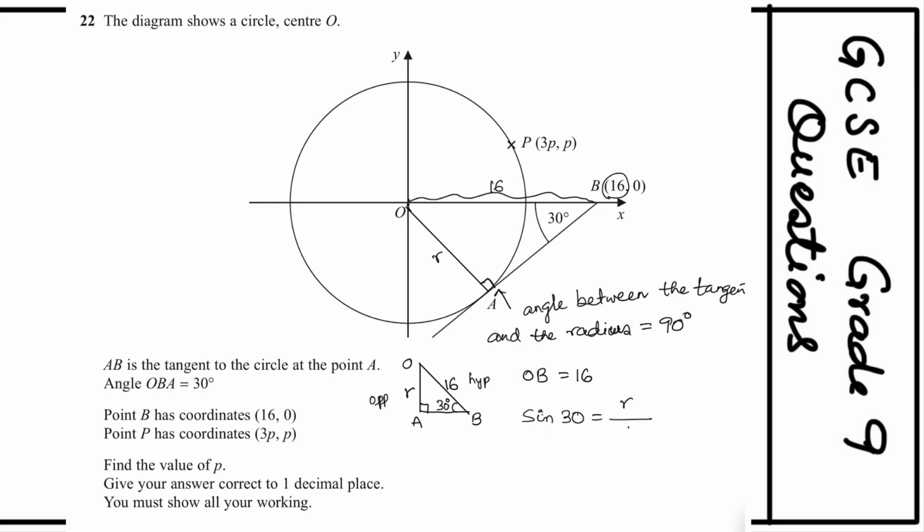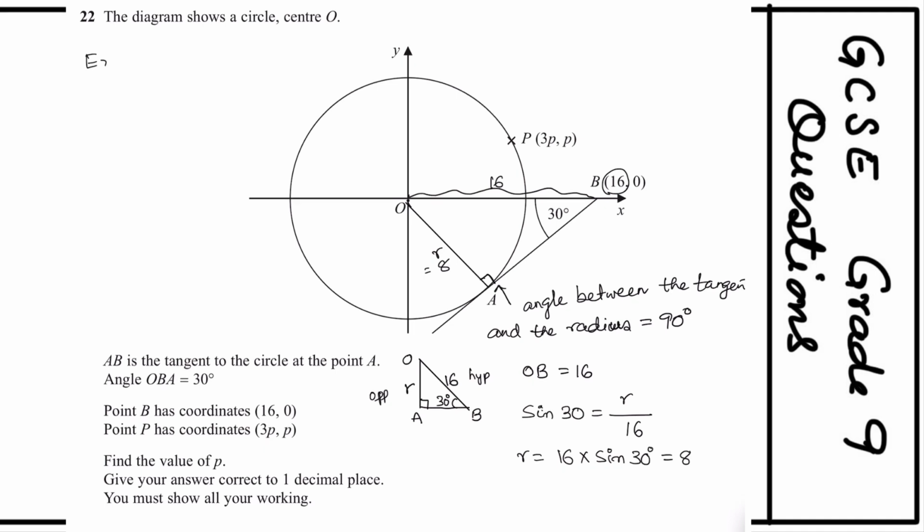So using the sine ratio here, r is the opposite side and 16 is the hypotenuse. So sine 30 is r over 16. If you rearrange this, r equals 16 times sine 30, which is 8. The r value is 8. So the radius is 8.